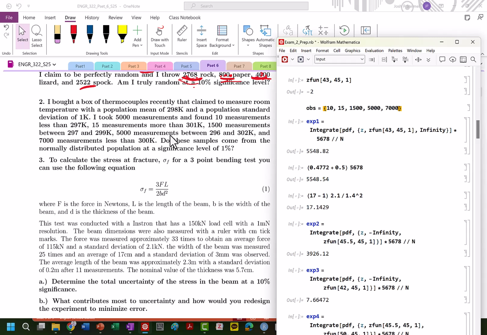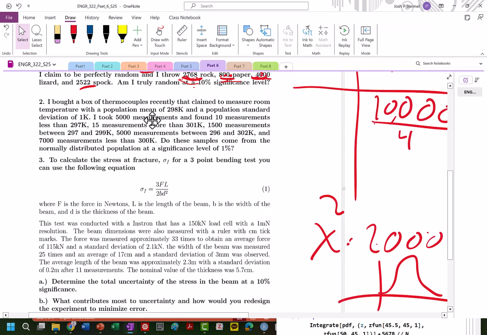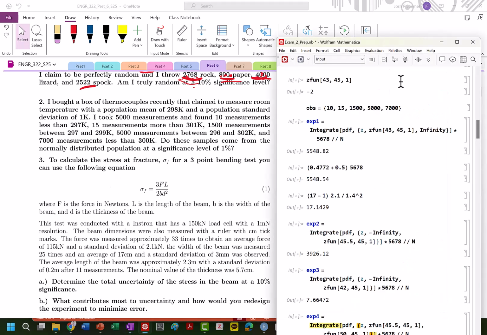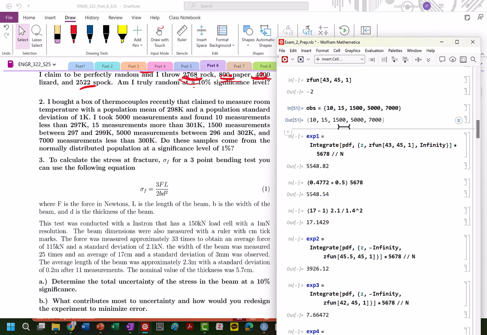So we took 5,000 measurements and found 10 measurements less than this, 15 and 7,000 measurements. I mean, we'll just have fun with it anyways. Should be able to have that, but let's confirm with our answer.